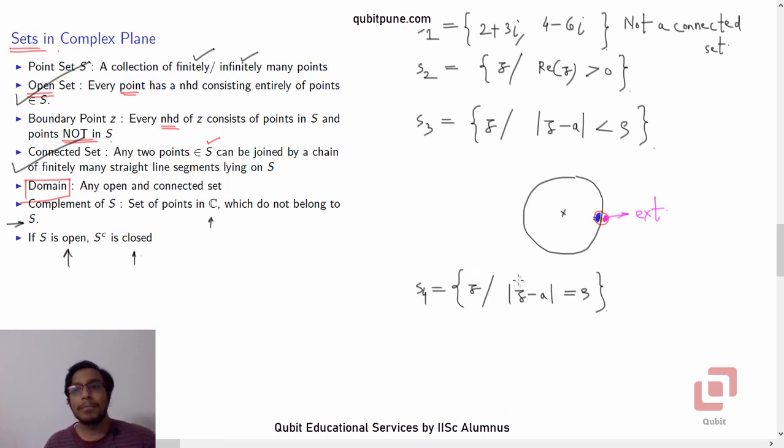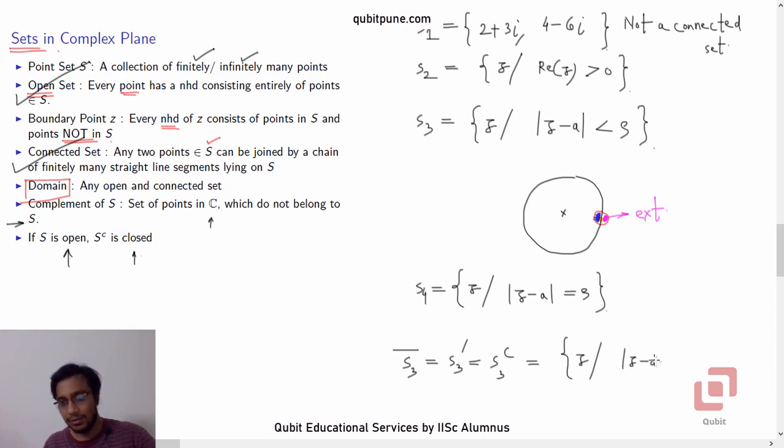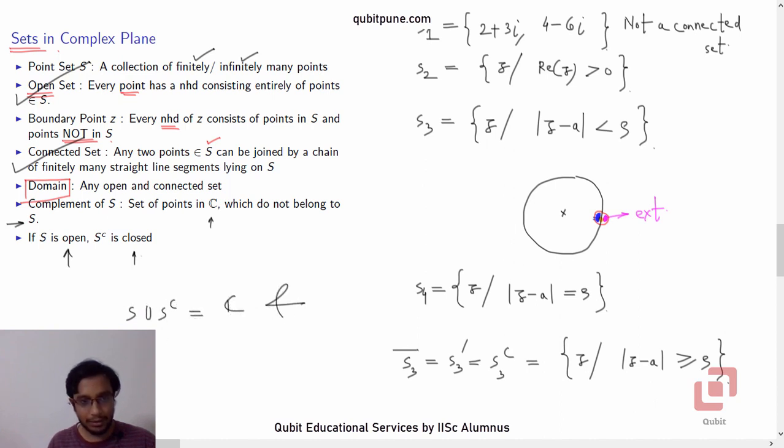For example, let's consider S3, and let's say our job is to find its complement S3 prime or S3C. This is going to consist of all those complex numbers such that mod of z minus a is greater than or equal to rho. Basically, S union S complement should be C and S intersection S complement must be a null set.